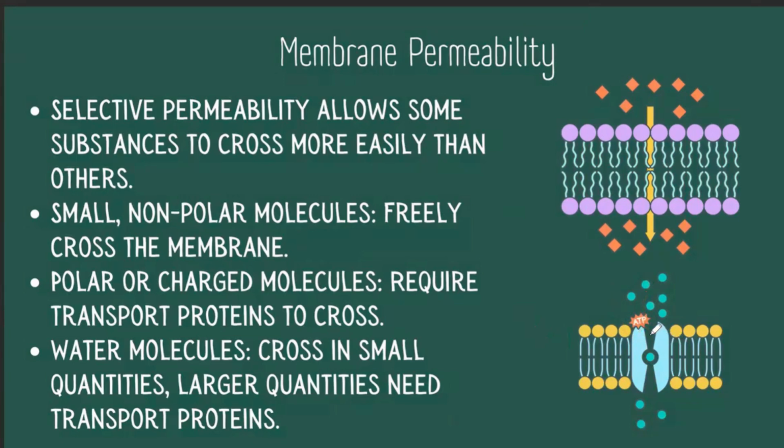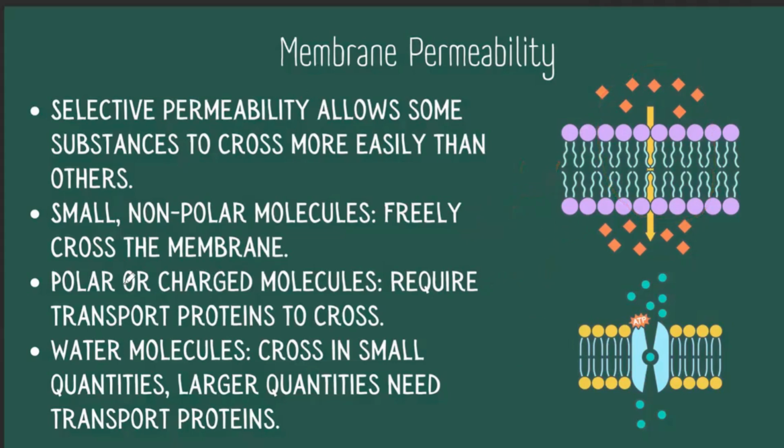Passive transport is usually without any sort of assistance, like a protein. You want to remember that you're watching selective permeability to allow substances to go across without that protein. Small nonpolar items will tend to freely move across the membrane, which is this first image here.